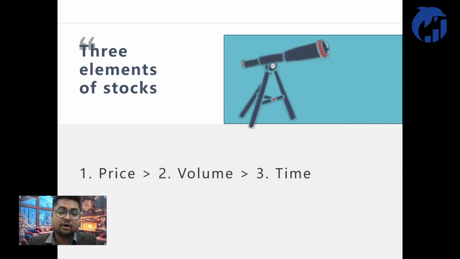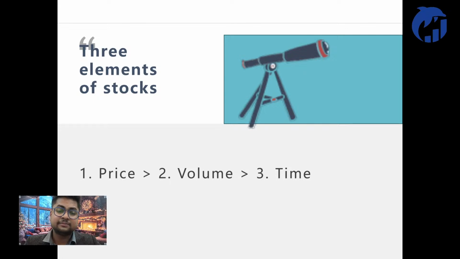Now, what are the three elements we have to look at in a stock? Just let me know what you understand by the three elements we have to see. In trading, we basically follow three crucial factors.